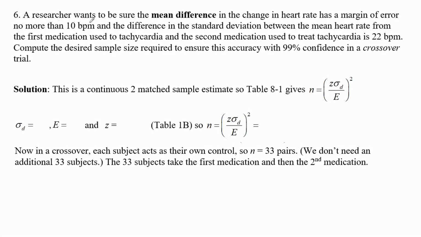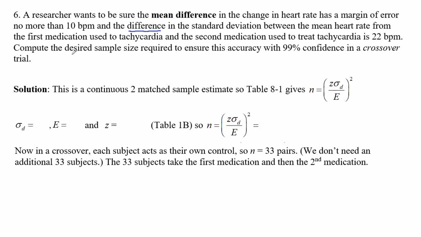In problem number 6 here, a researcher wants to be sure that the mean difference, that's a key phrase here, mean difference in the change in heart rate has a margin of error of no more than 10 beats per minute, and the standard deviation of the differences between the heart rate from the first medication used for tachycardia to the second medication is 22 beats per minute.